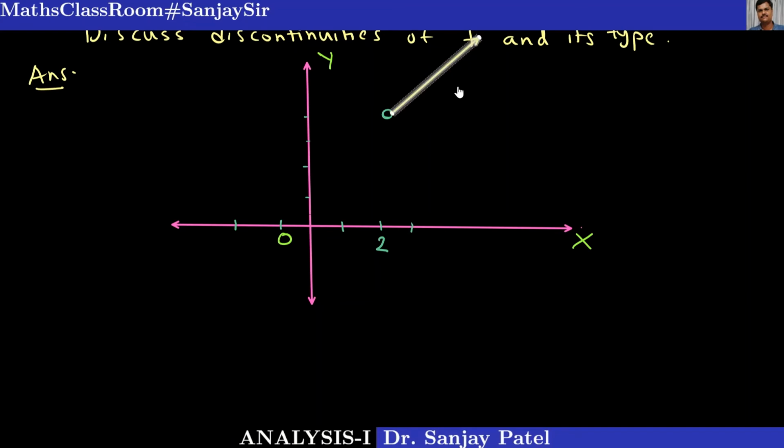It will be like this, and so this is my y equal to 2x line which is passing through origin.